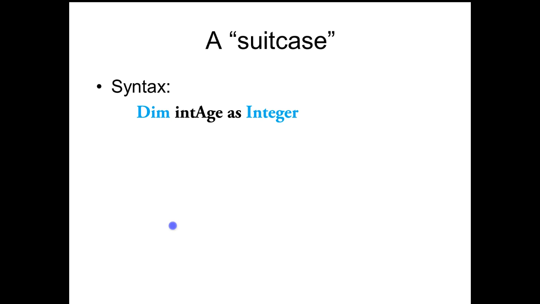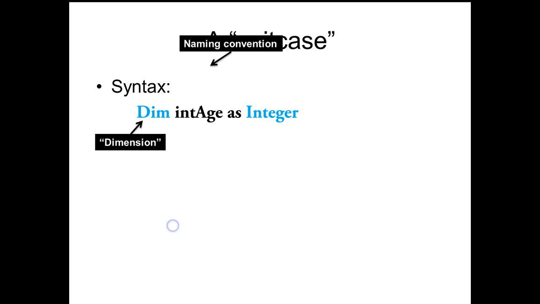So first, when you declare a variable, you type in a word called dim, which is short for dimension, and that just says to the computer to set aside a certain dimension of physical memory within the computer in which it should store values for this variable.